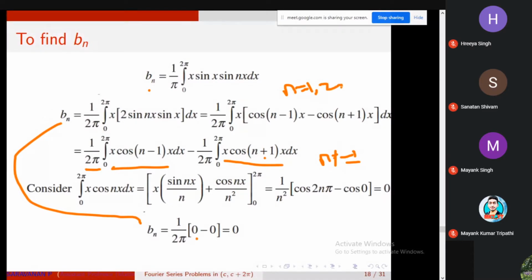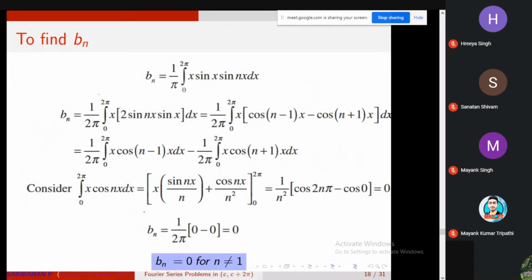Therefore, this is the value of bn, and it is not true for n equal to 1. bn is 0 for n not equal to 1. That means b2 is 0, b3 is 0, b4 is 0 etc.